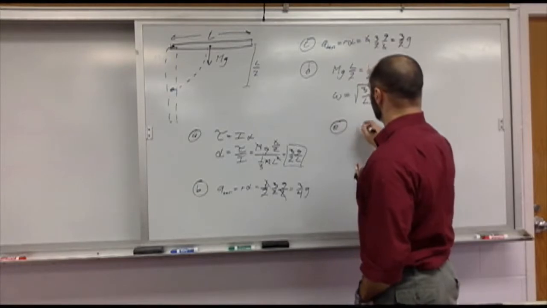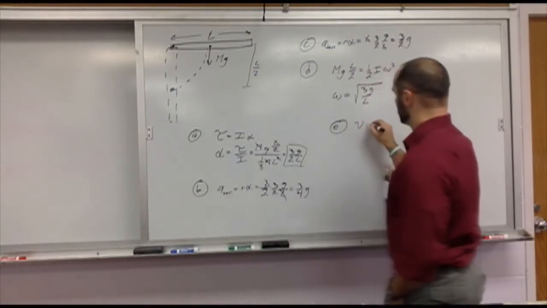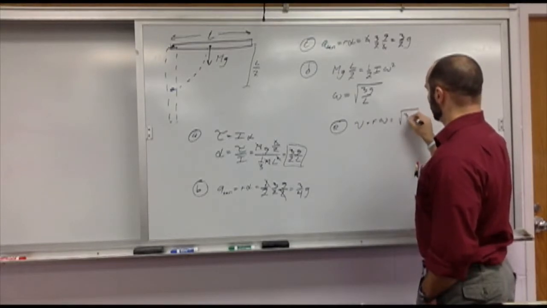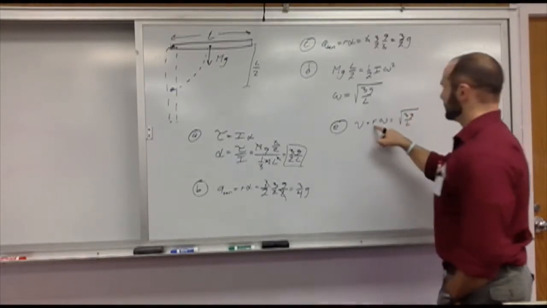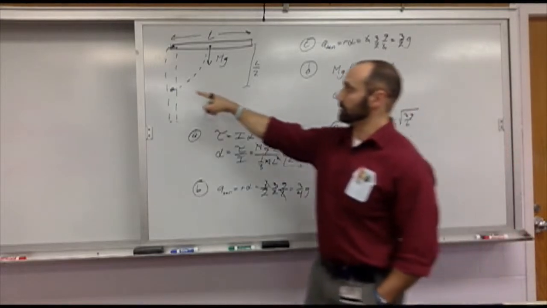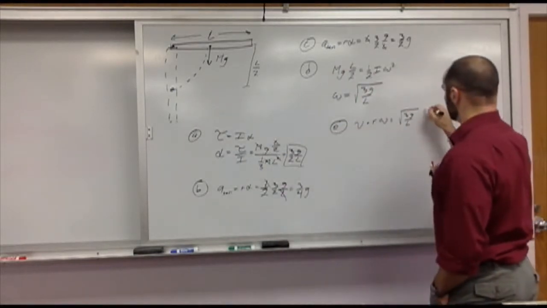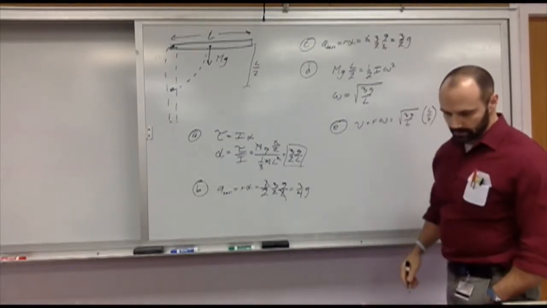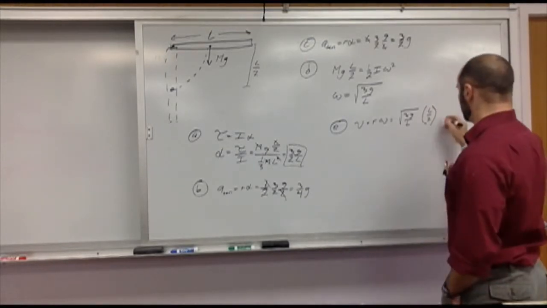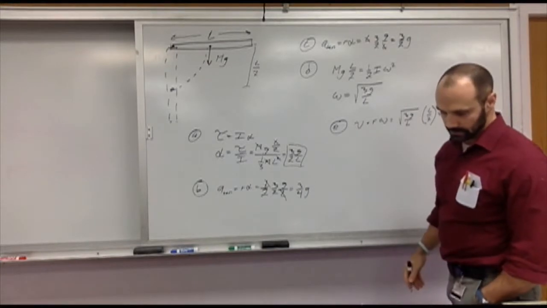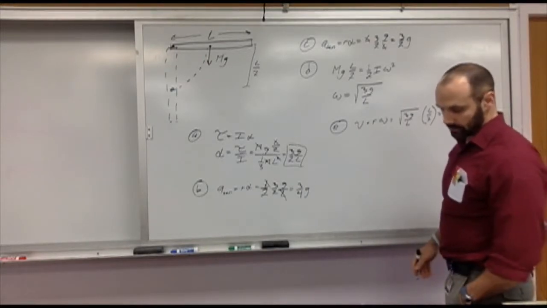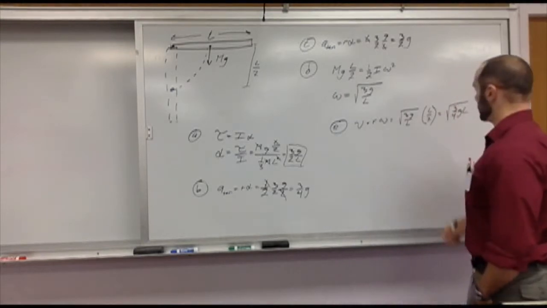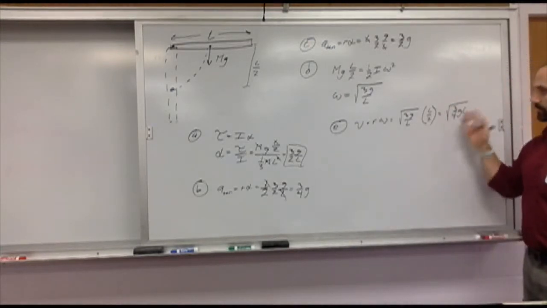So E, remember, v is R omega, so it's going to be root 3g over L times R. Since we're talking about the center of mass, we're talking about L over 2, so times L over 2. That can be simplified to the square root of 3/4 gL.